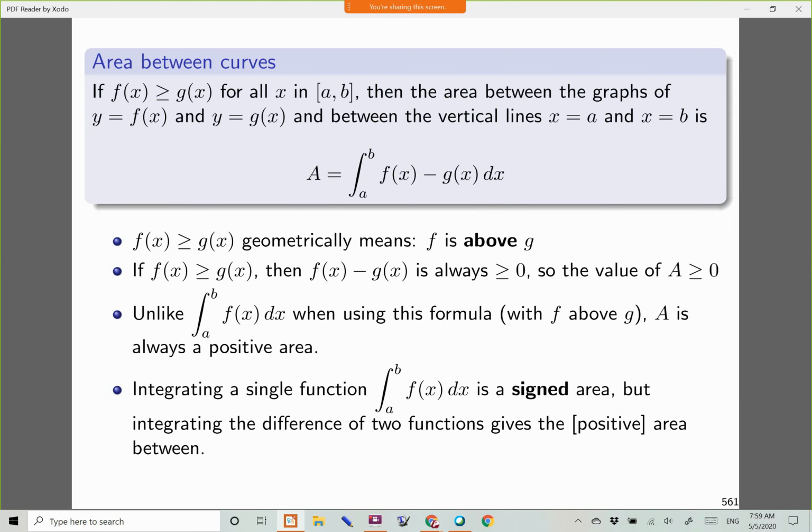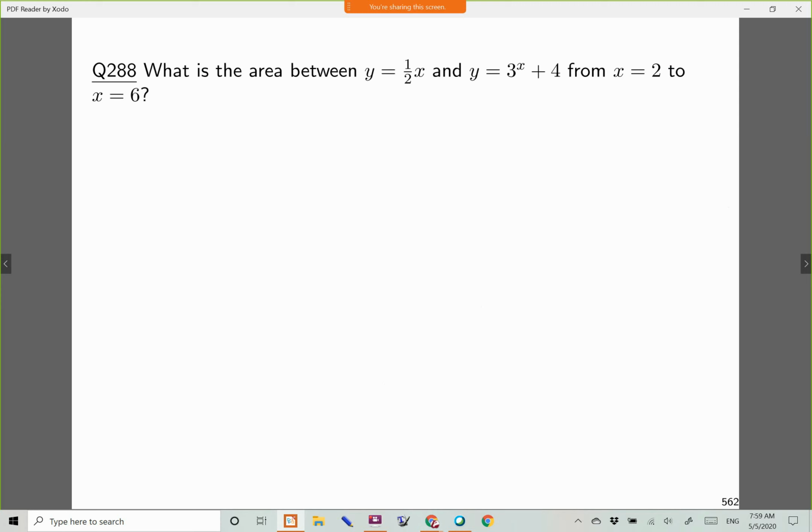Okay, so let's take a look at an example. What is the area between y equals 1 half x and y equals 3 to the x plus 4 from x equals 2 to x equals 6? So for all of these, you got to do a bit of a small graph.